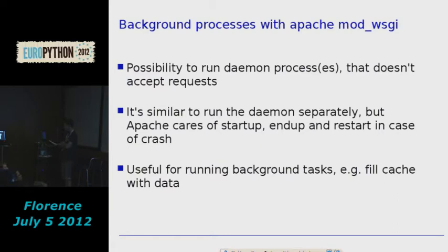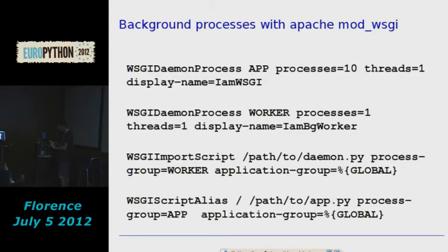These background processes can be used to fill a cache, to cache some big data, or to do some expensive tasks. So this is how it works.